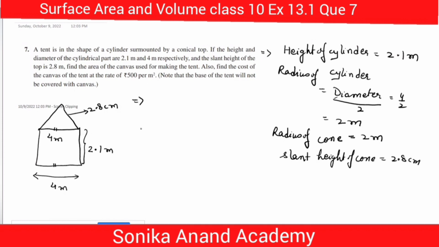Now we have to find the area of canvas. So we have to find the total area. The total surface area of tent is equal to curved surface area of cylinder plus curved surface area of cone.